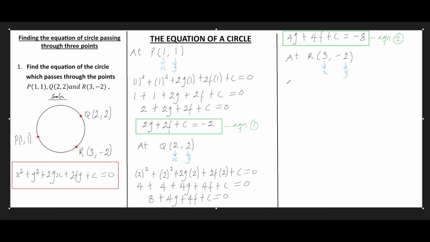So we have 3 squared plus minus 2 squared plus 2g multiplied by 3 plus 2f multiplied by minus 2 plus c is equal to 0.